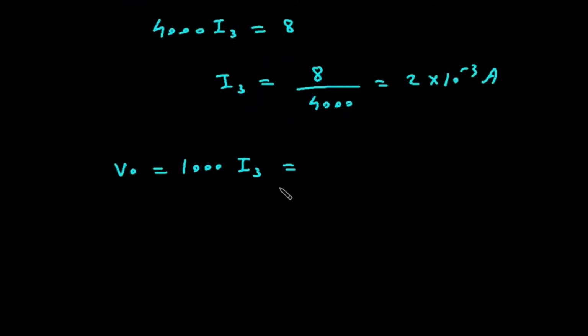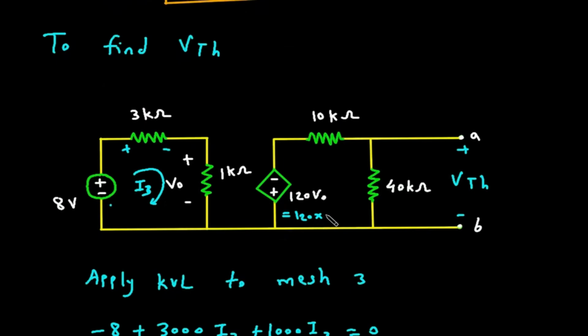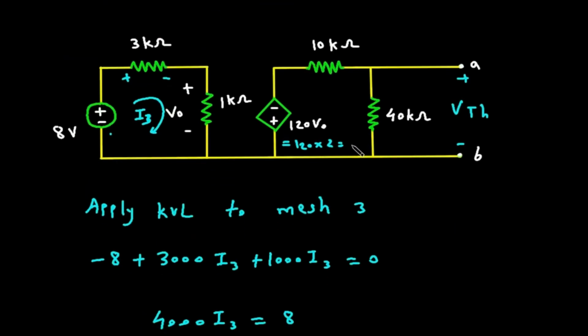So it is 2 volt is the value of VO. So this will be 120 into 2. This will be 240 volt. Here we will write, this is 240 volt.